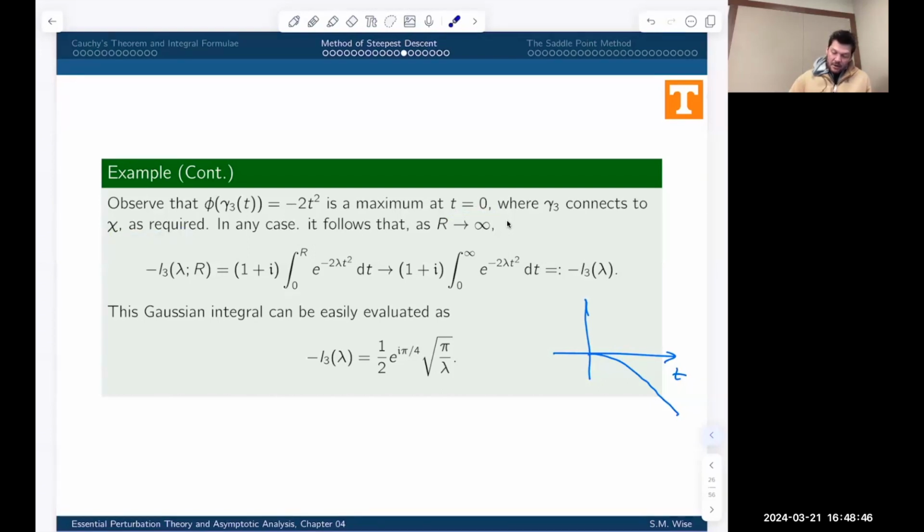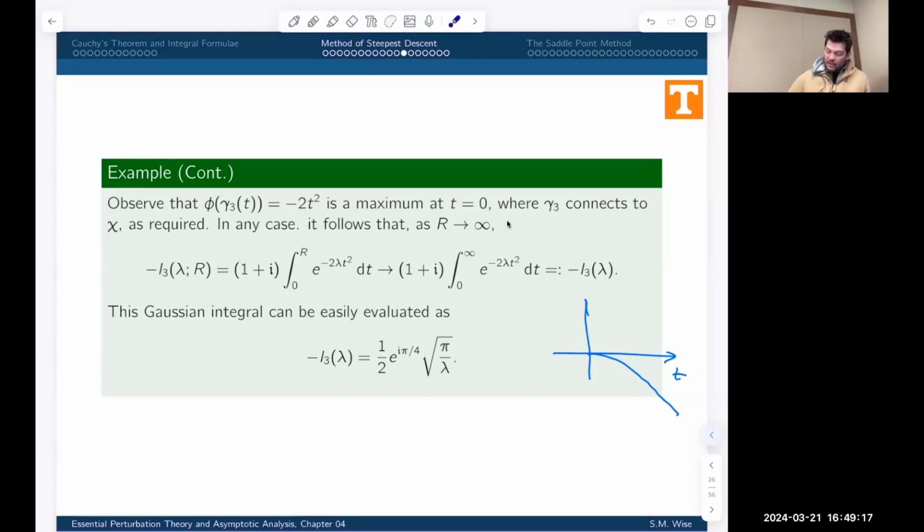All right, now we want to take r going to infinity, but I don't want to deal with the original integral that we have. I want to deal with minus, because that's going to flip 0 and r. So flip 0 and r, and of course, taking r to infinity, we get this integral. And this integral is a Gaussian type, and you can solve it. If you forget how to do this, you can throw it into Mathematica, and Mathematica is happy to do this for you. You get minus I3.